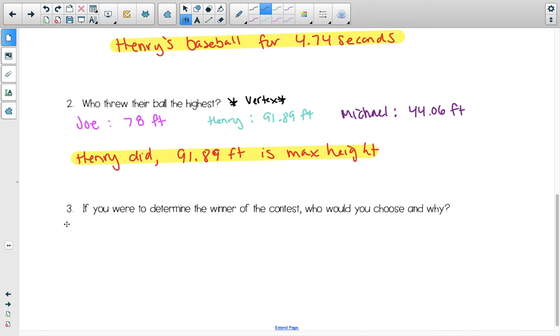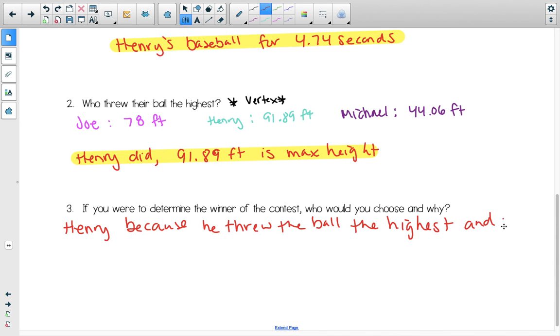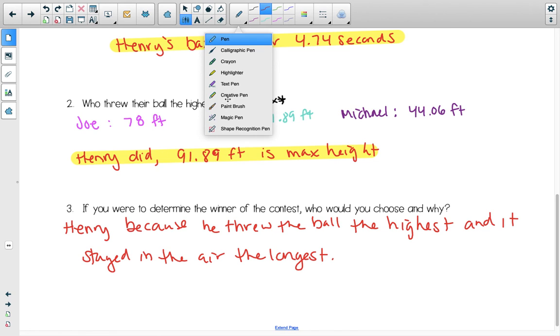I would put Henry because he threw the ball the highest and it stayed in the air the longest. So he is clearly the winner.